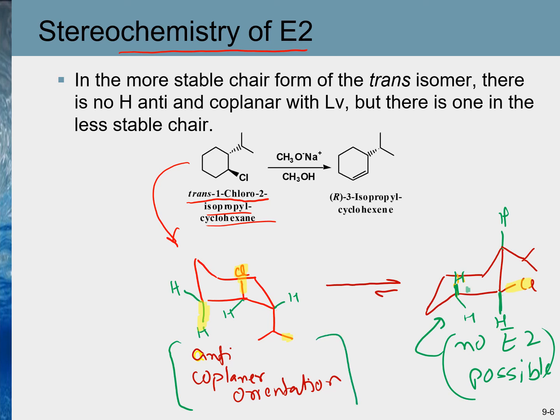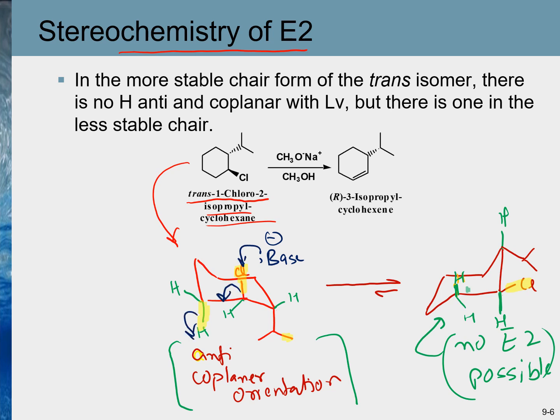in this less stable chair conformation there is only one orientation in which the chloro and a proton are in anti and coplanar orientation. So this is the only possibility in which an E2 reaction can take place, and when that happens, it results in the formation of Hofmann product, less substituted. So double bond will be formed here.